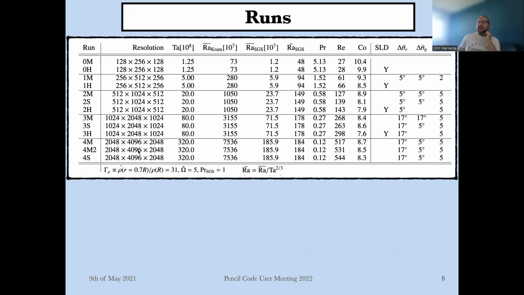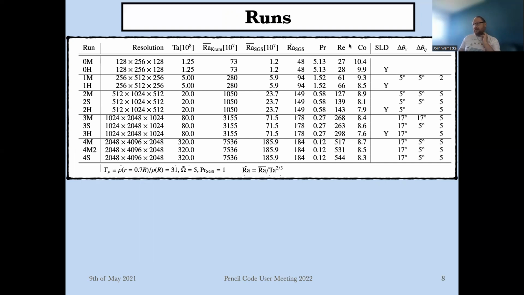So here are the different runs. Run O is the run I showed before, our standard run at standard resolution. Then as the numbers increase, we lower the diffusivities, so the magnetic diffusivity, the viscosity and the SGS turbulent diffusivity.